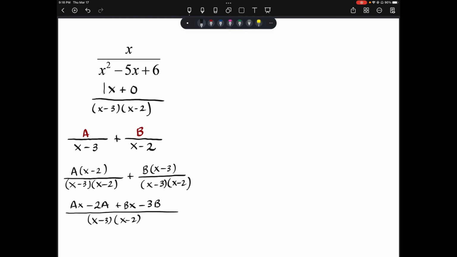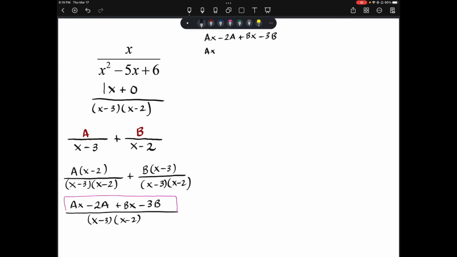Okay, so remember that the next part here is the one where we're going to focus on just the numerator for the moment. Let's recopy it: ax minus 2a plus bx minus 3b. Now we're going to factor by grouping, right? So when I do this, I'm going to rearrange them first.